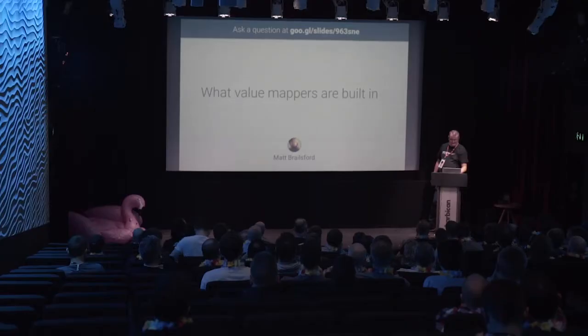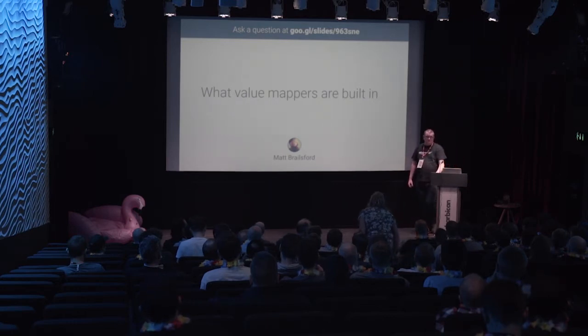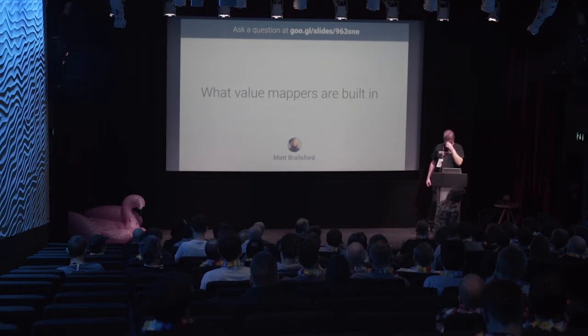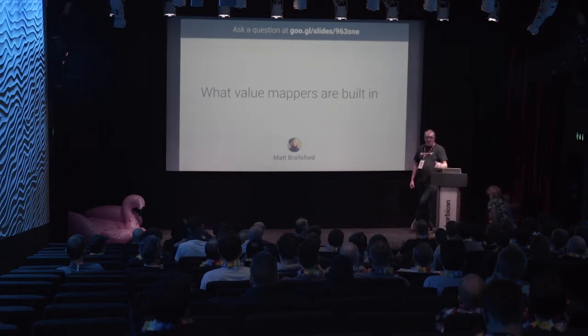If you've got a custom one that isn't one of them, you'd need a value mapper. The value mapper is an interface that is basically two methods. You might have to write a custom thing if it's a funny editor.